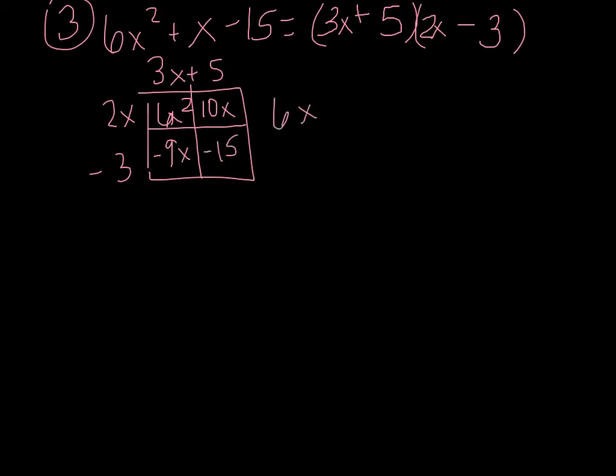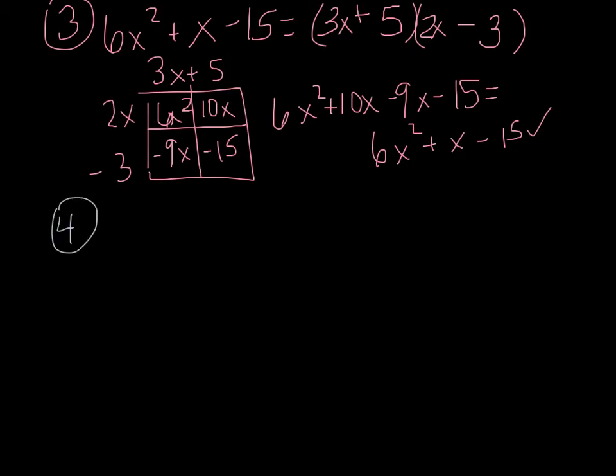So altogether we've got 6x squared plus 10x minus 9x minus 15, or 6x squared plus x minus 15, which checks with the original.